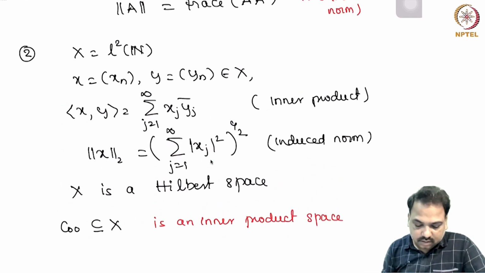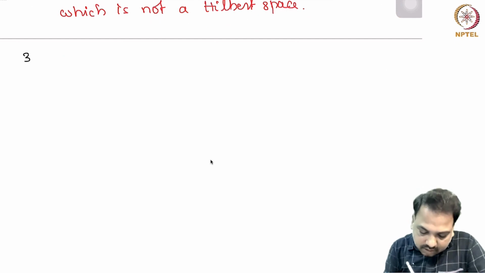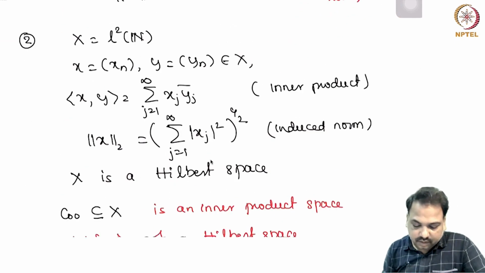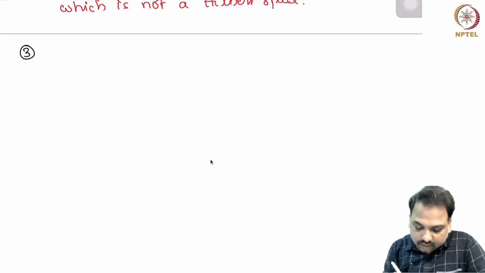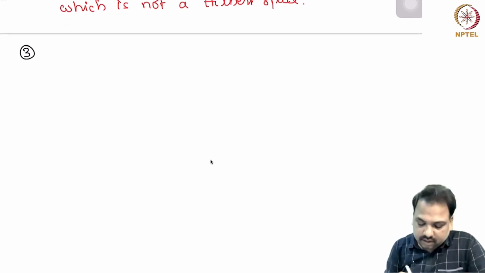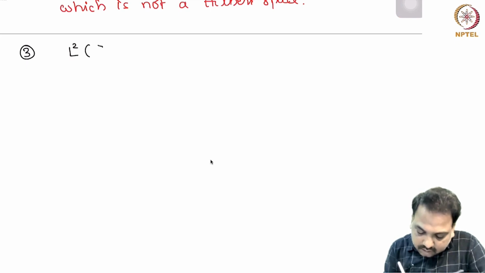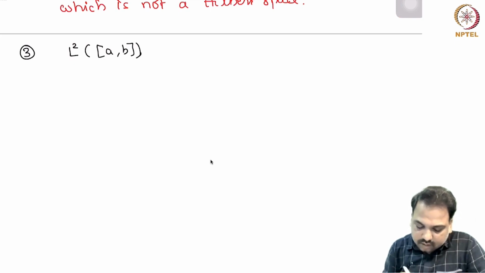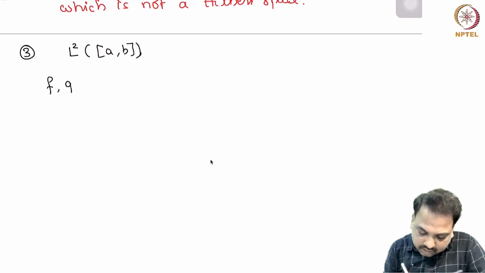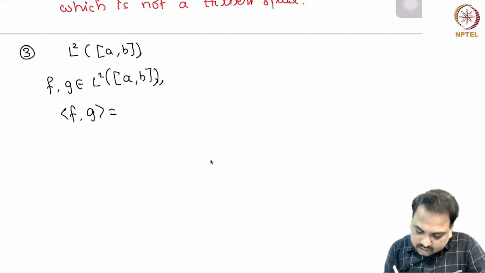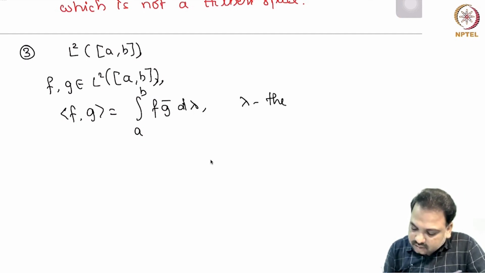Okay. Let us look at one more example, which is a generalization of all these examples. In particular, let us look at L2 of [a,b]. So if I take f, g from L2 of [a,b], we have defined the inner product of f with g as integral a to b f g bar d lambda. Lambda is the Lebesgue measure.